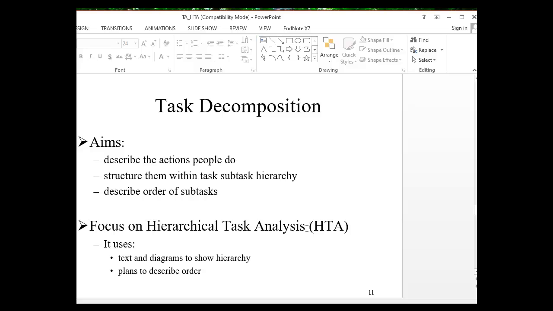Also, we must have a plan through which we can order all these diagrams, notations, etc. If we don't know which diagram fits in the first step, which in the second, third, fourth, then the problem description will not be accurate and not usable. The usability of this methodology will be very low.